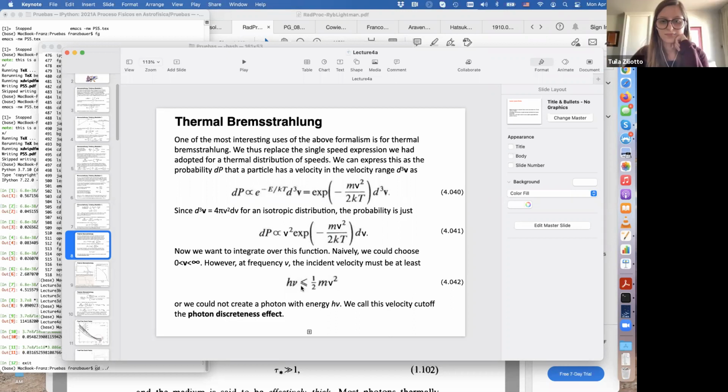And so, in essence, you have a limit here on the photon, so it's a photon upper limit, and this ends up being equivalent to a minimum velocity in this sense. Okay, thank you. I mean, it's just a simplification more than anything else. We could do the integral, but we don't need to.